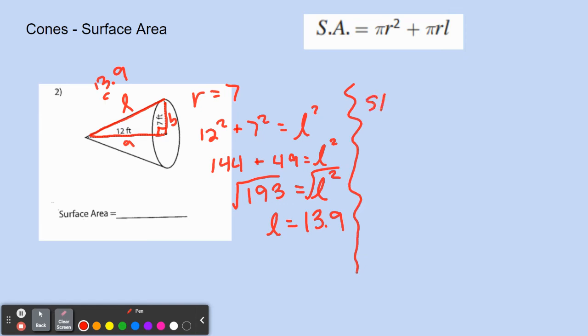So surface area equals 3.14 times the radius squared plus 3.14 times the radius times the slant height, which we just figured out was 13.9. Okay, now all we have to do, since we have that written down, is put that into our calculator.